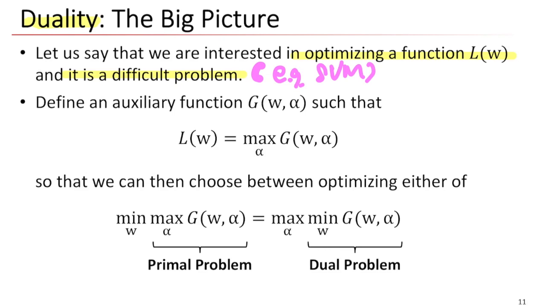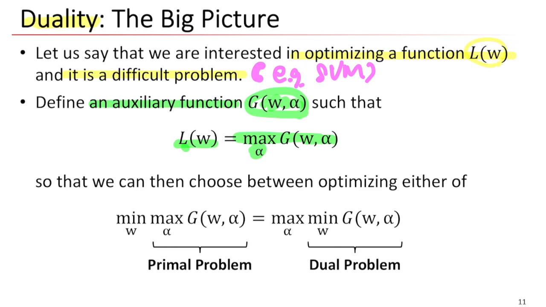The concept of duality is that instead of optimizing the loss function L of w directly, we introduce a new auxiliary function called G of w, alpha, such that the original loss function L of w is equal to the maximum of G of w, alpha in terms of alpha, right?